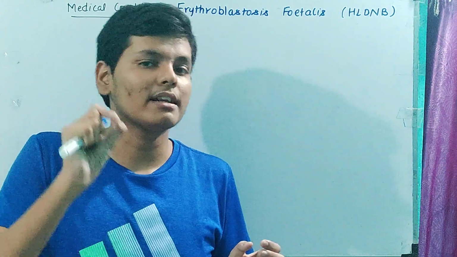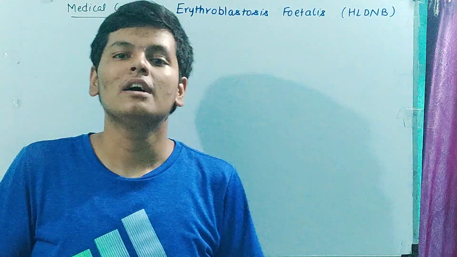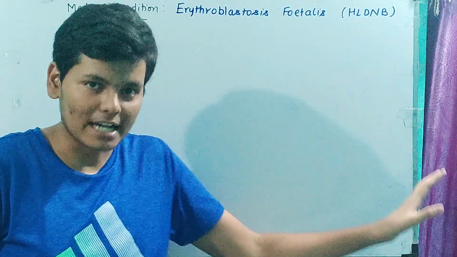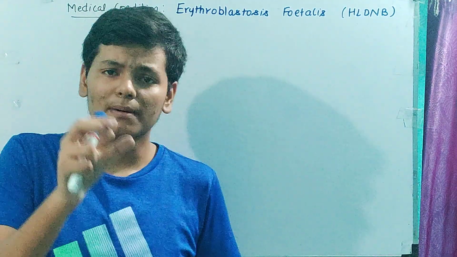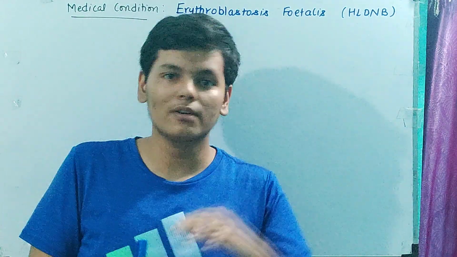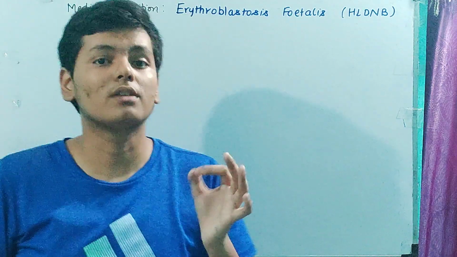Antigen is a substance that gives the identity to the cell that yes, this cell is an RH cell. If a cell, that is RBC in most cases, has the RH antigen, then the person is said to be RH positive, and if the person does not have the RH antigen, they are said to be RH negative. This concept was discussed in the previous video, and today we are going to continue with it.